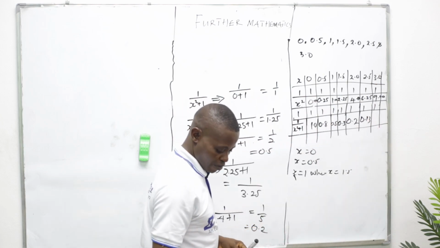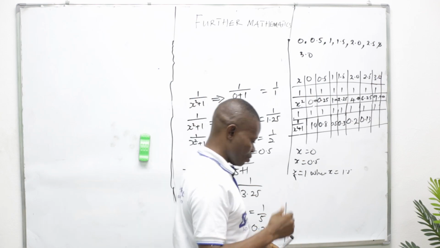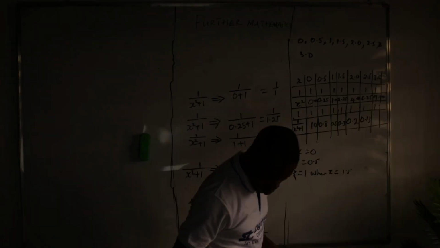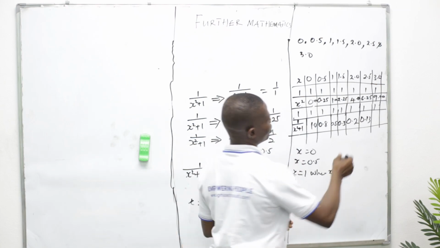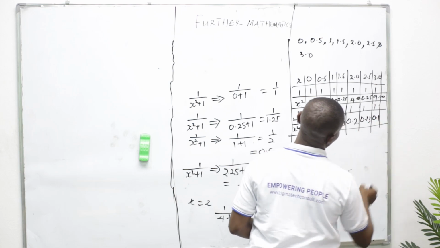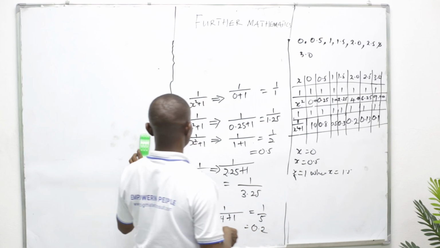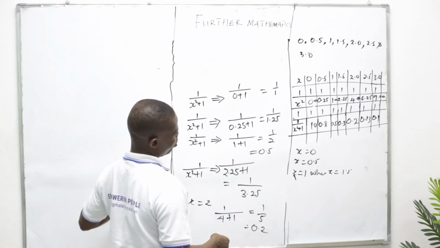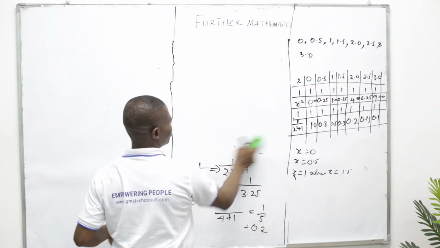Finally, 1 over 10 will give us 0.1. So that is the table for what we are doing.